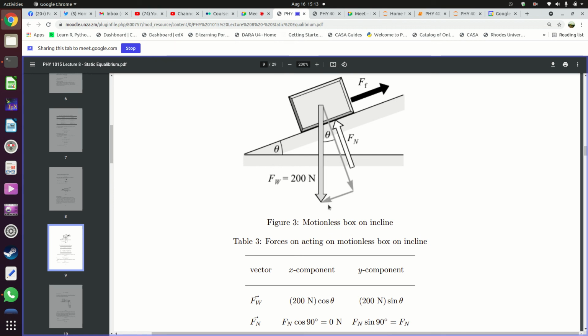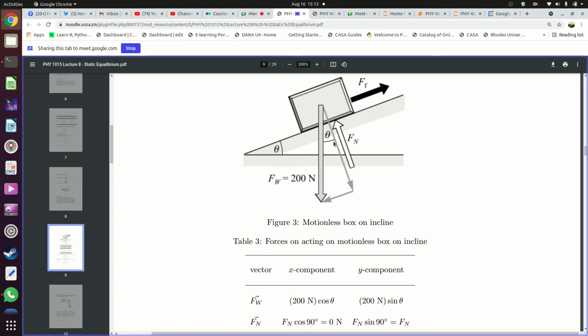I know this bit is 200 W sine theta, so I know this bit. This is the x component. This bit is 200 cos theta. So let me try to use these components, this and this and that, and see how it comes out, even if we don't know what the angle theta is.